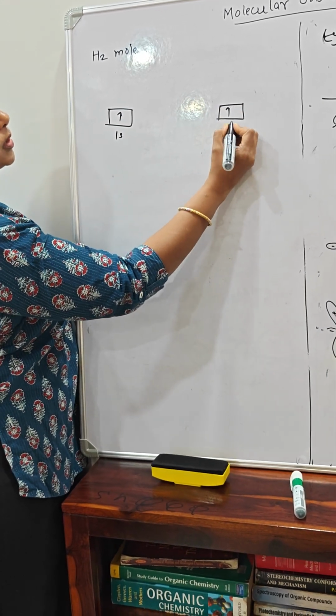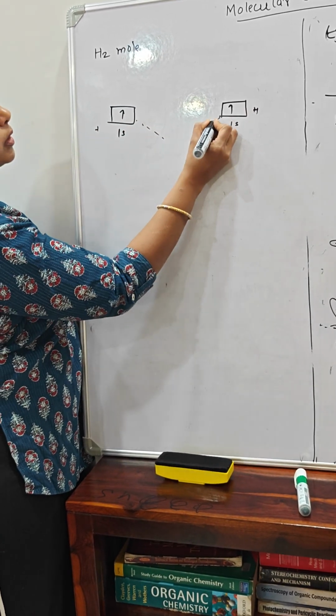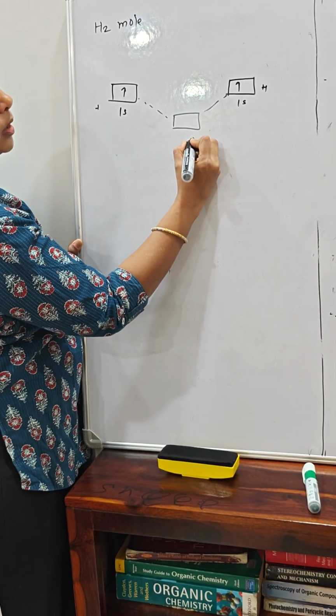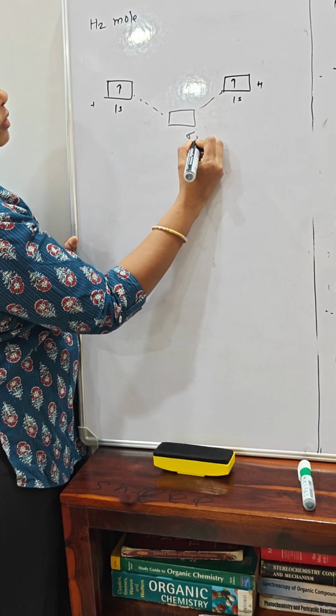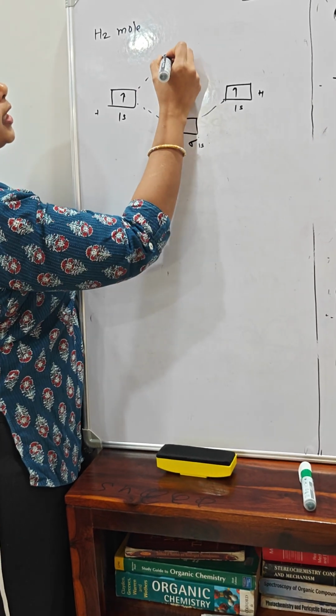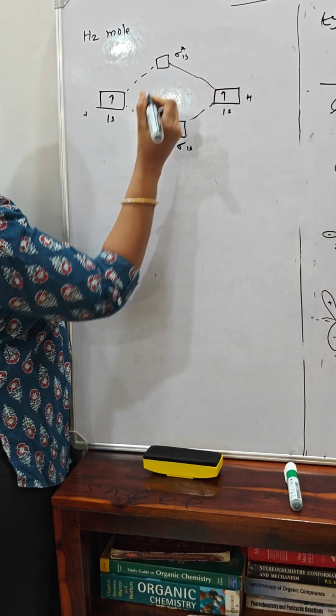So they will combine to give sigma 1s, which is the bonding molecular orbital, and this is the anti-bonding molecular orbital, sigma star 1s.